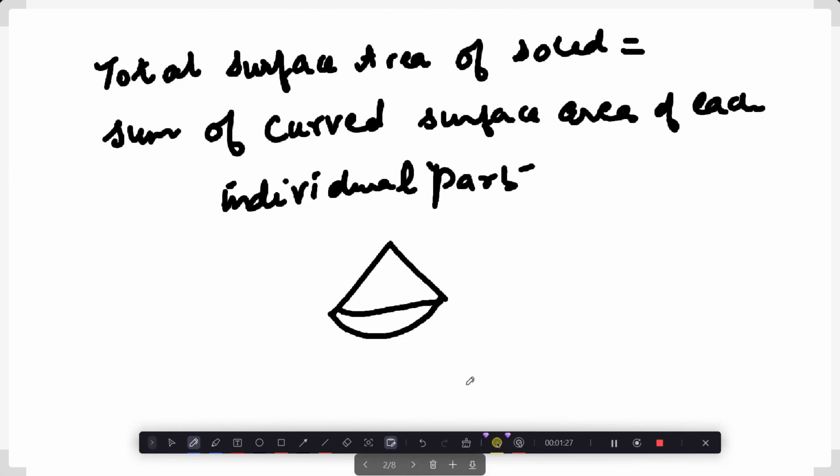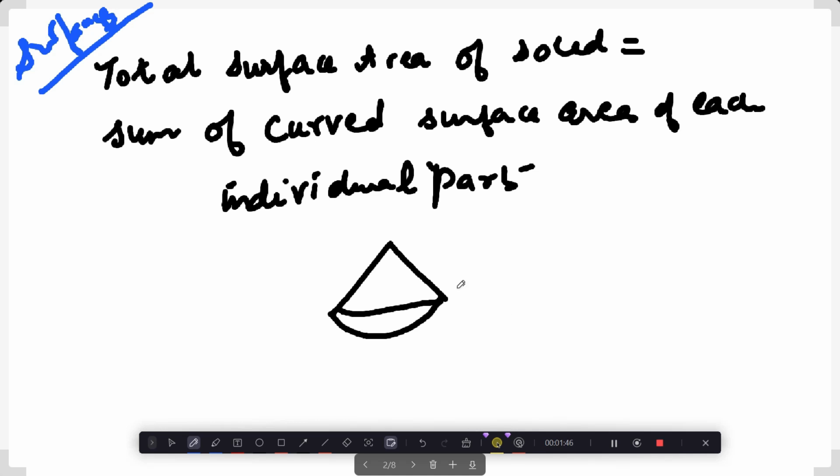The first section that we are going to study is the surface area of combinations of solids. The total surface area of a solid would be the sum of the curved surface areas of each individual part.